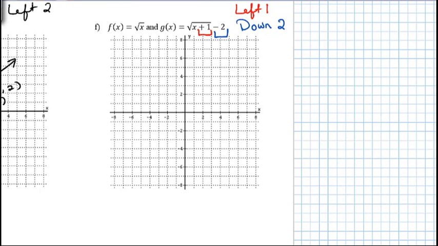And so we want to go left 1 and down 2. So that's going to put my starting point right there, and you can use the pattern from here. So we would want to go up 1, right 1, and then up 1, right 3. So we have the point negative 1, negative 2, 0, negative 1, and 3, 0.